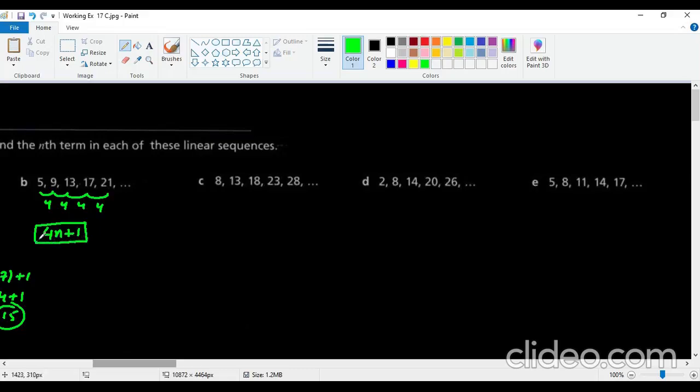The next terms are the 1, 2, 3, 4, 5, and sixth term we need to find. 4 times 6 plus 1: 4 sixes are 24, plus 1 gives us 25. So 25 is the next term. Then comes 4 times 7 plus 1, 28 plus 1 gives us 29, which is the next term.